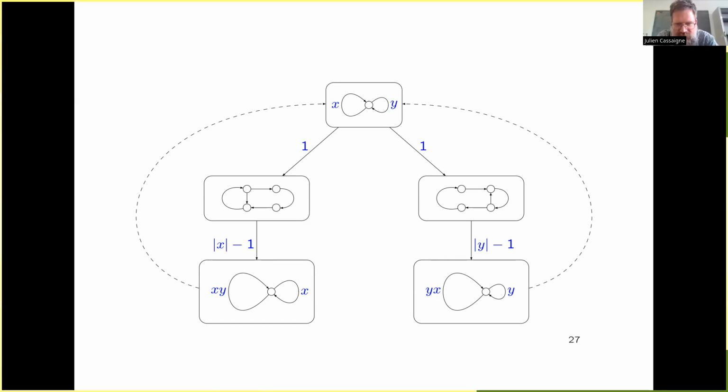On the right side, you do the same, but with the reverse choice of loops. So y is conserved, and there's a new loop, which is yx. And so you see that when you do this, you obtain a graph that is of the same type as the one you started with. So that's the dotted lines that go back to the top, but with different loop labels. And the loop labels are obtained by some simple transformation from the initial ones.